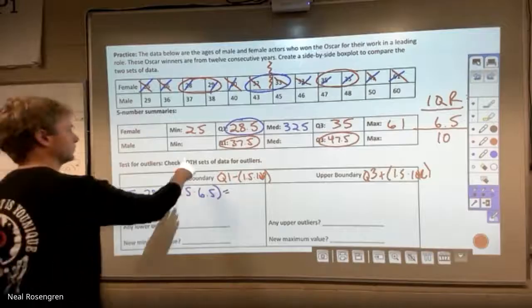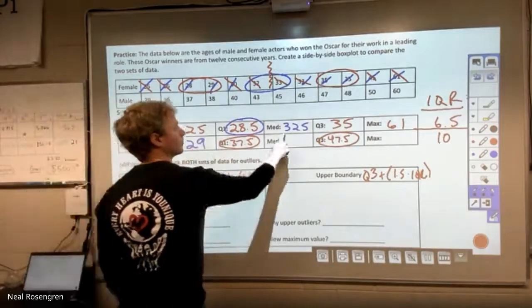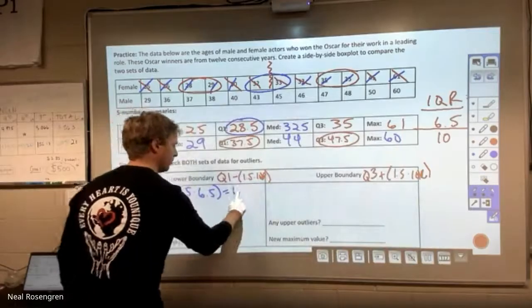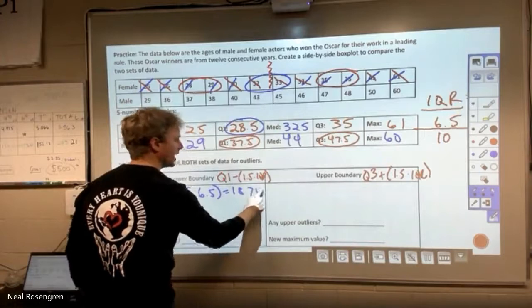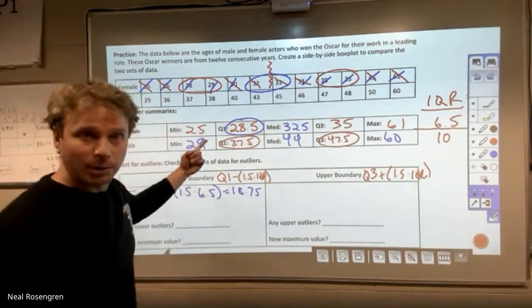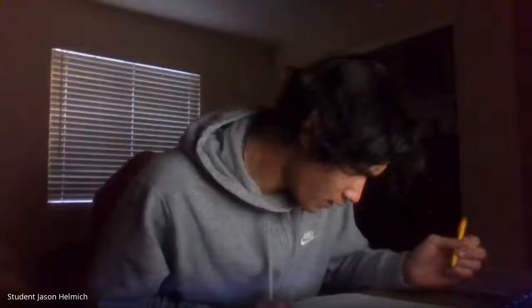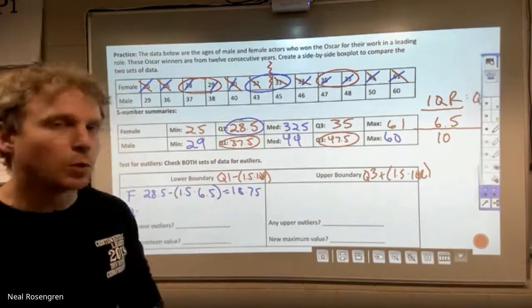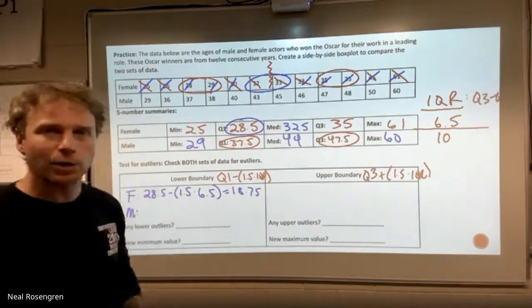I got 18.75. Okay, 18.75. Now the question is, do we have any ages less than that for females? No, because our lowest one was 25. So we do not have any lower outliers for females.